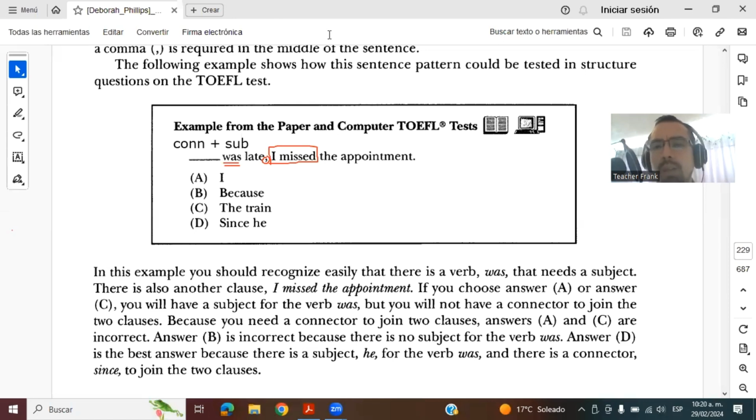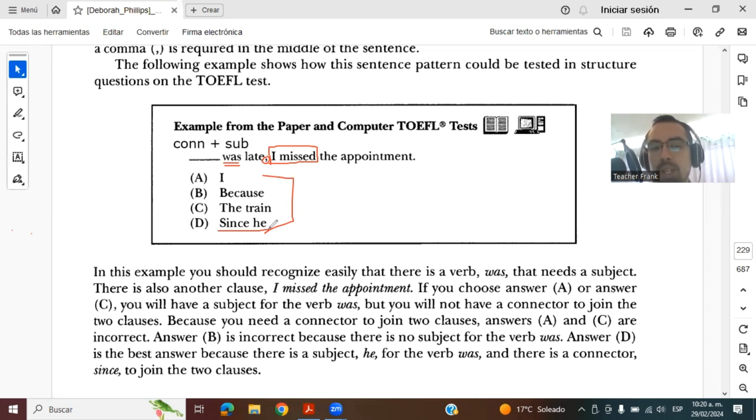So without even looking at the coherence, which of these options has a connector and a subject? D. Since is a connector and he is a subject, and then it would say, since he was late, I missed the appointment. And that's correct.